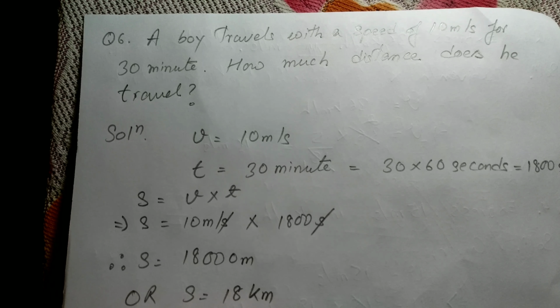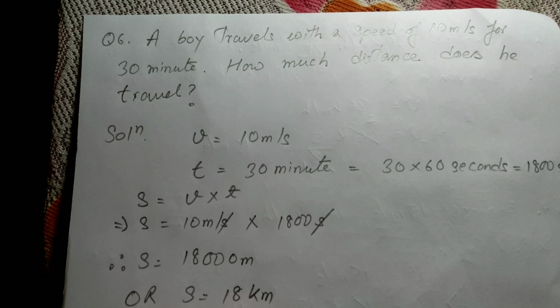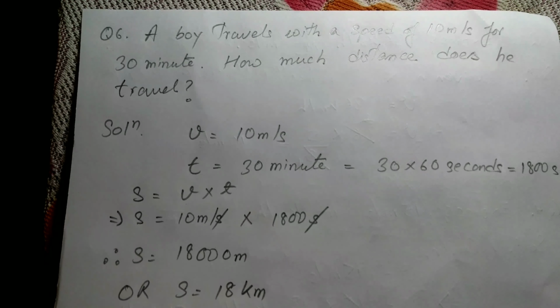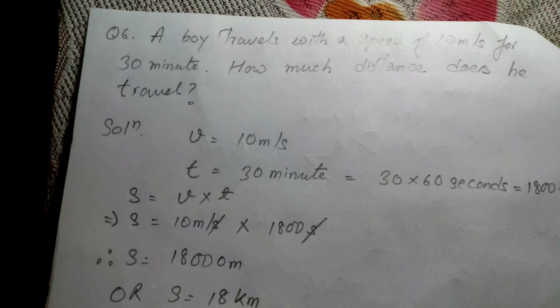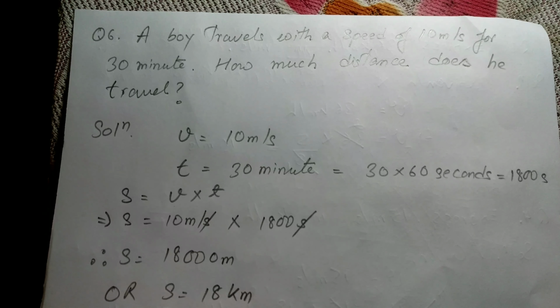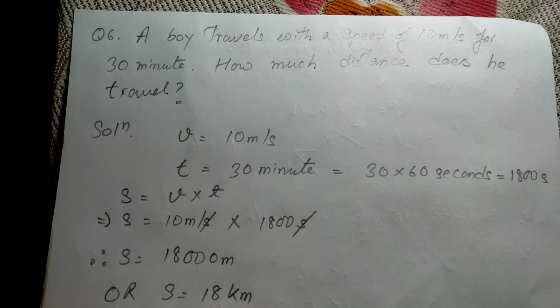So v equals 10 meter per second, which is speed equals 10 meter per second, time equals 30 minutes. Obviously I need to convert this 30 minutes into seconds, so I'm getting 30 into 60, which is 1800 seconds. Then using the formula for distance, which is distance equals speed into time, so s equals v into t, I just replace the values of v and t.